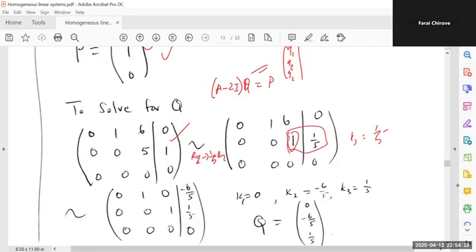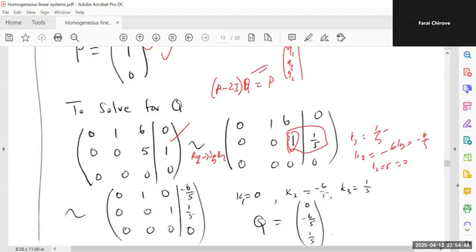And then here you have Q2 equals minus 6 Q3, which is minus 6 over 5. All right. Then Q1 remains arbitrary, R, but you can choose it to be 0.